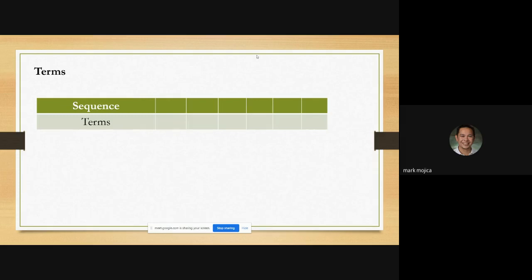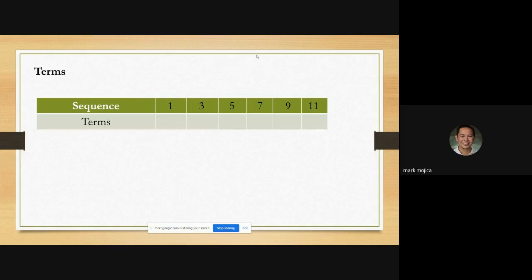So try to have a sequence of 1, 3, 5, 7, 9, and 11. So these are the sequence na meron tayo. Now, terms is actually a representation kung anong part o anong position meron si 1, si 3, si 5, 7, 9, and 11, so on and so forth.